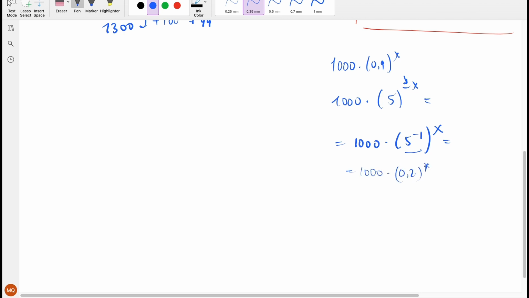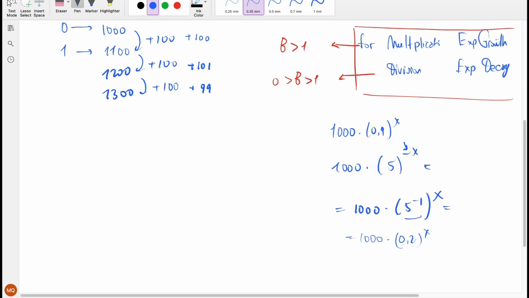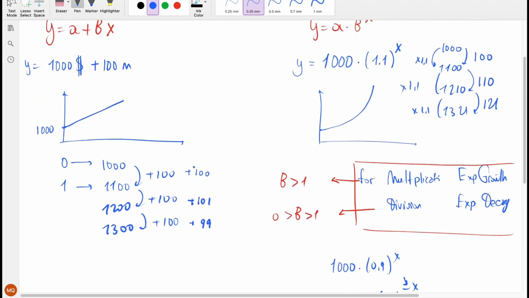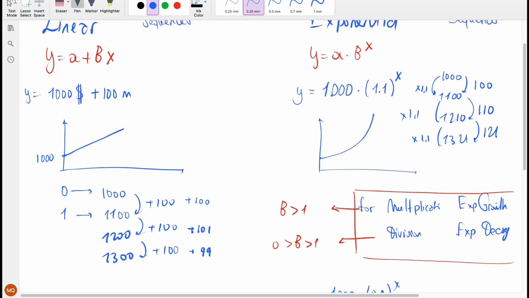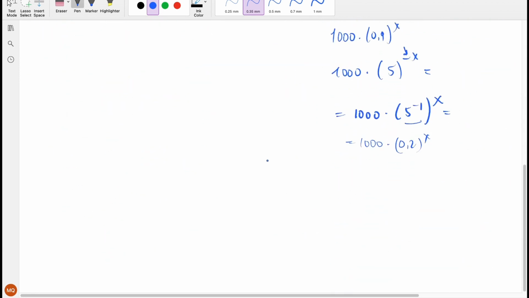So because it's less than 1, it is exponential decay. And here 1000, a, is always the initial value. For example, you have this type of model, let's say it is 0.7 and here x.